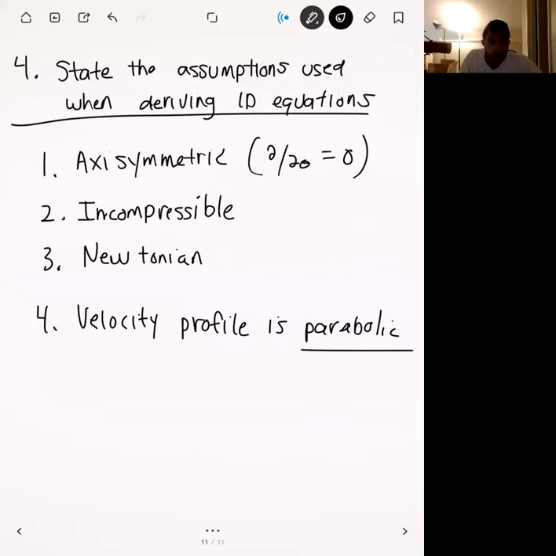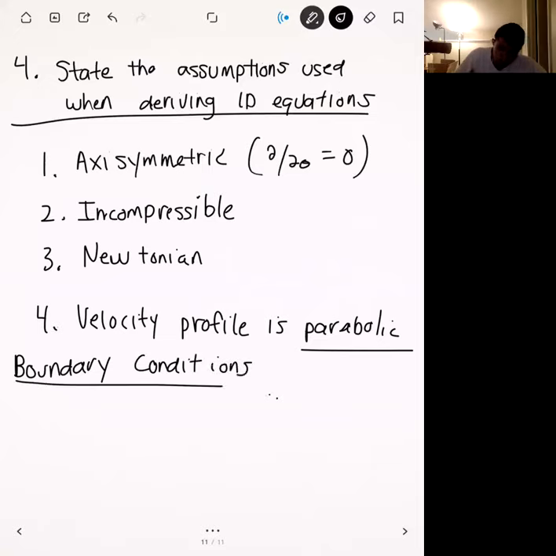Let me make sure, I think that's it. We can talk about the boundary conditions too. Actually, I think this might be a good place to talk about that, because that is a good assumption there. The first boundary condition is that we're going to assume no slip at the walls.